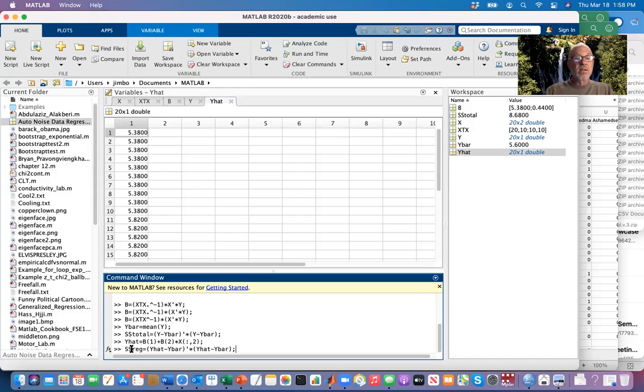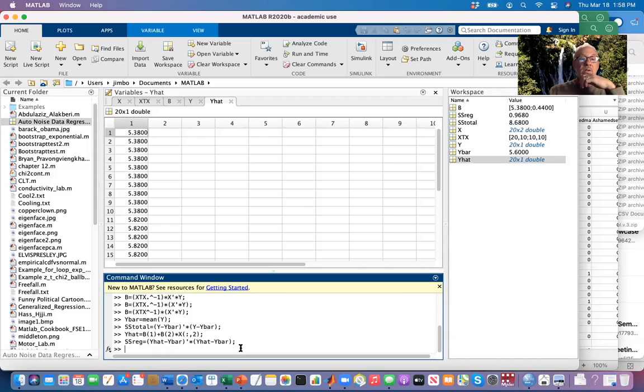And again, sum of the squares. I take all of the predicted values minus the mean, and then I multiply that times all the predicted values minus mean, and add them all up, sum of the squared values. And that's our sum of the squares regression.